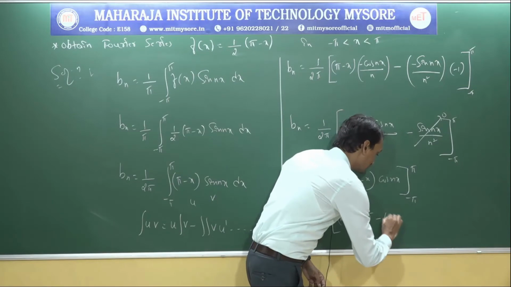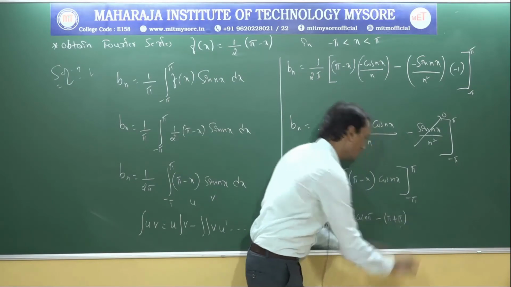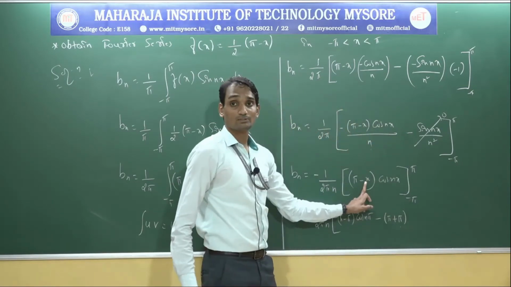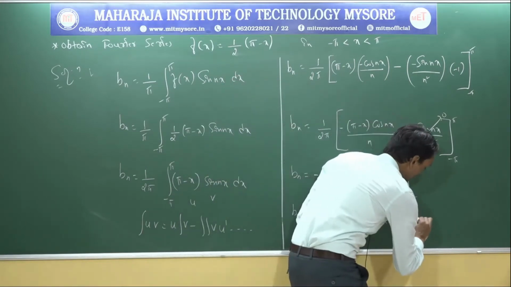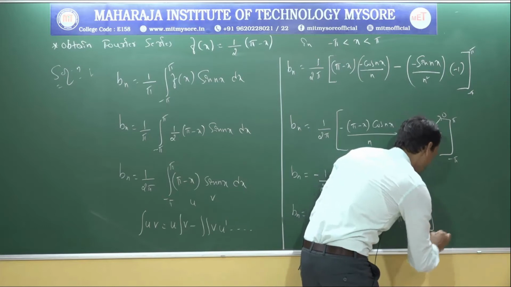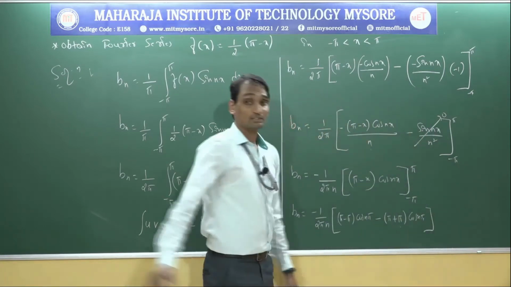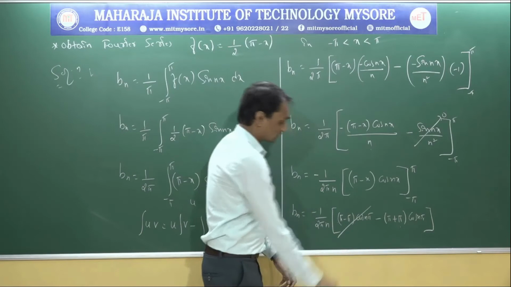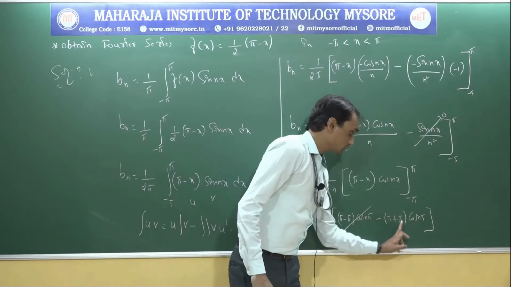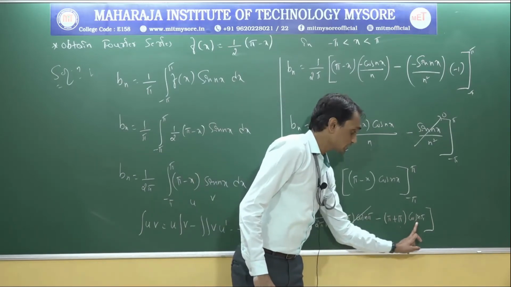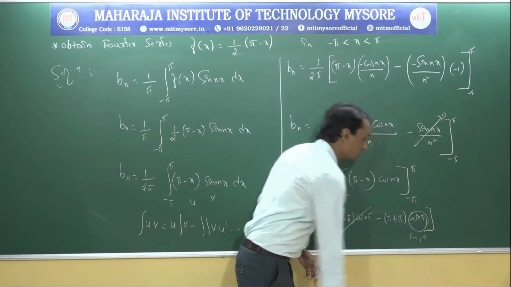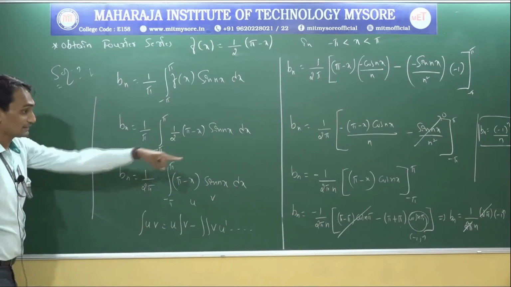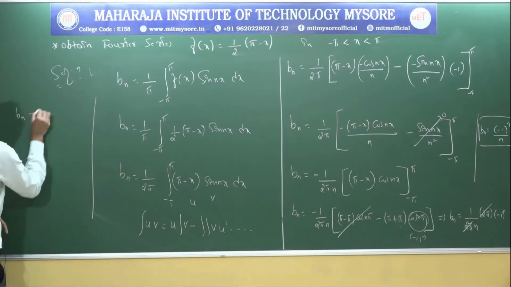Minus pi here: minus into minus plus pi into cos n pi. So the first term vanishes, only pi plus pi means 2 pi, and cos n pi is nothing but minus 1 power n.